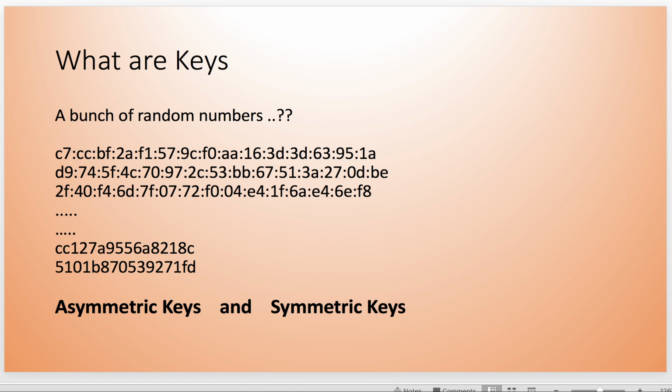So there are mathematical formulas which utilize output of these random number generators to generate digital keys. So what are keys? You can take them as plain random numbers. Depending on the type of key, there could be some mathematical relationship between those numbers. So there are basically two types of keys. There are symmetric keys and asymmetric keys.